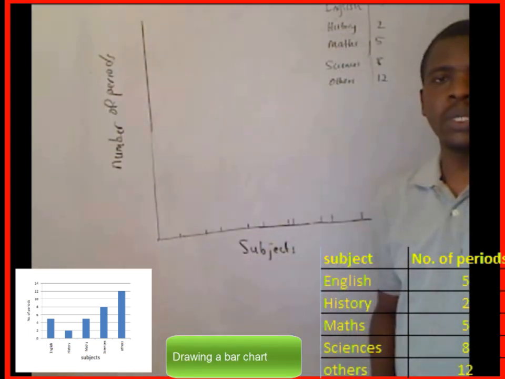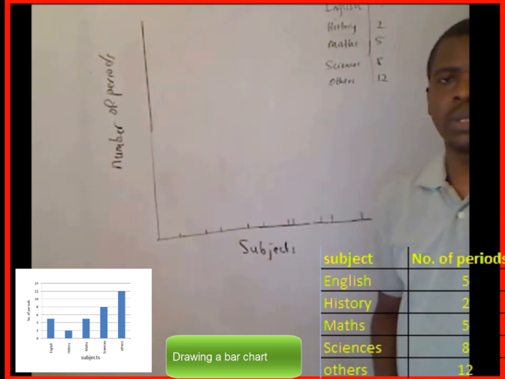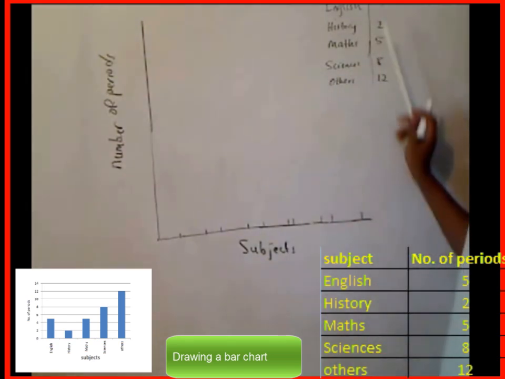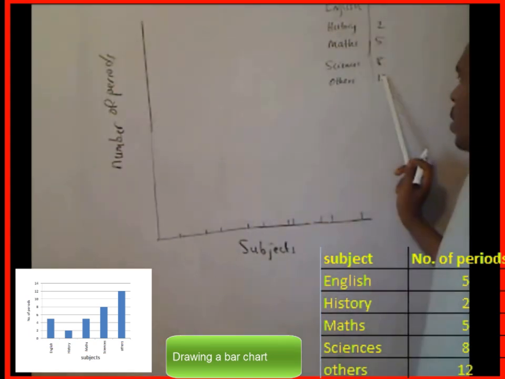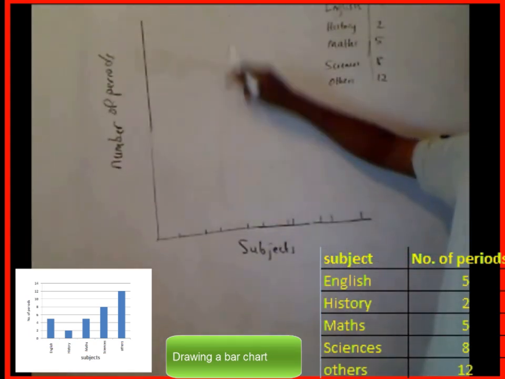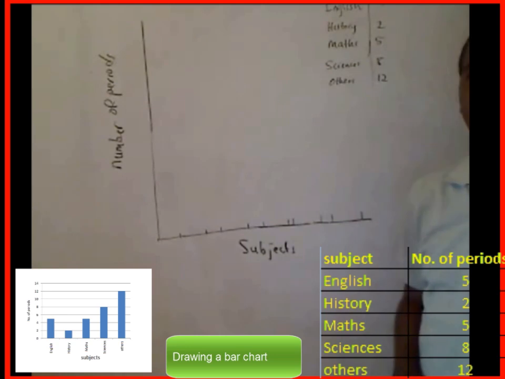So we have to study the range of values for the number of periods. We see that we have from 2 periods right up to 12 periods, so we can graduate our vertical axis.